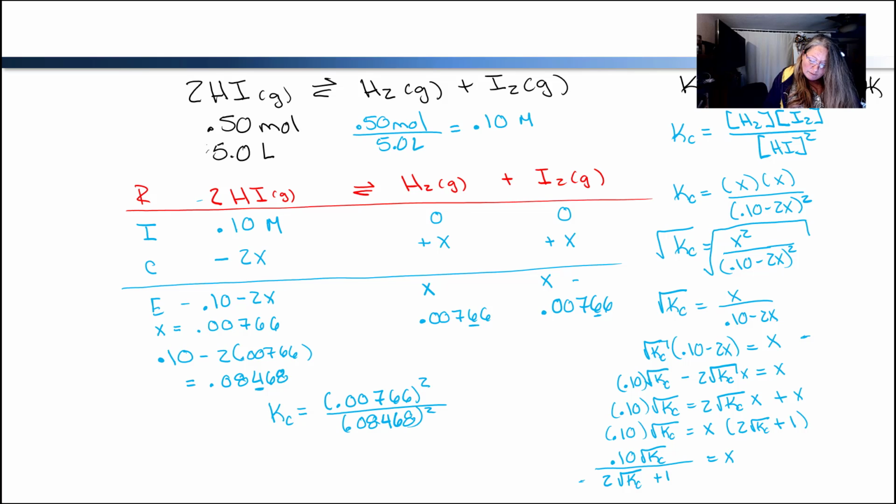Okay, so what this should have been, I'm going to just draw a line through these values. What this should have been is 0.010095. There we go. That makes me feel better.